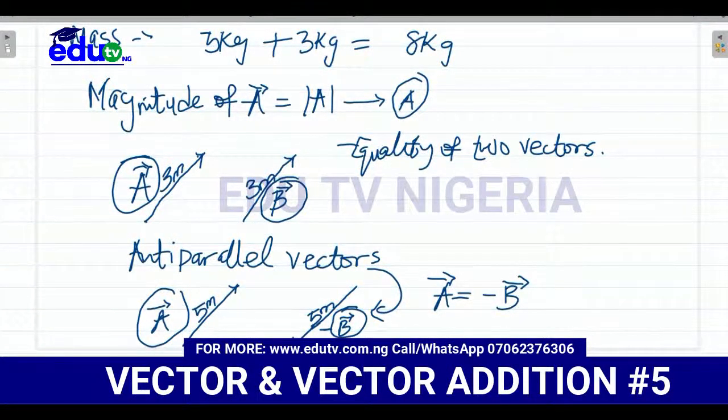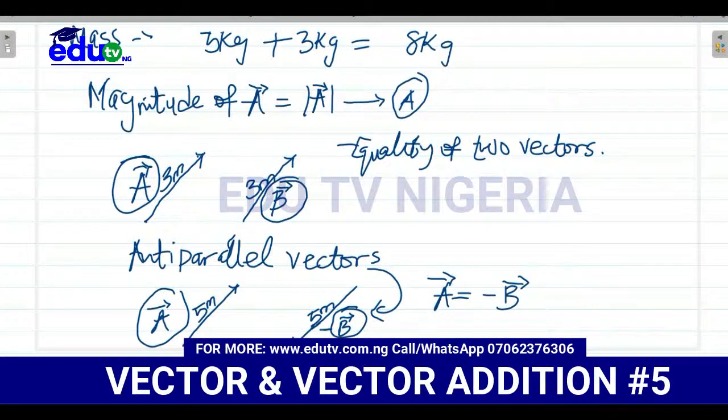So let's come up here. The arrow has to be on top. This represents the magnitude of a vector: you have two vertical bars enclosing the vector.